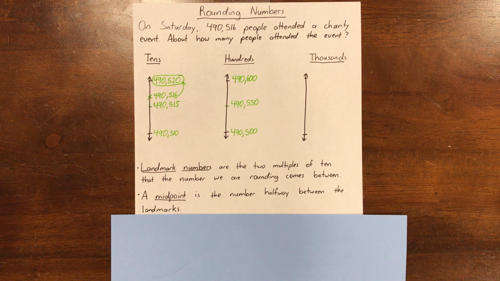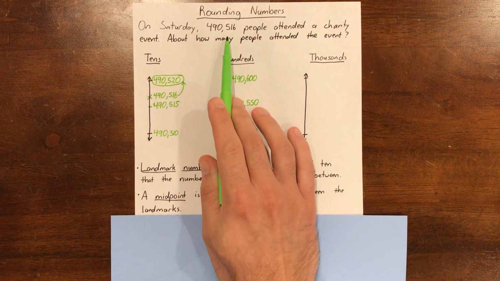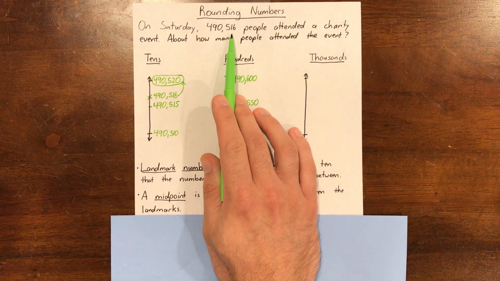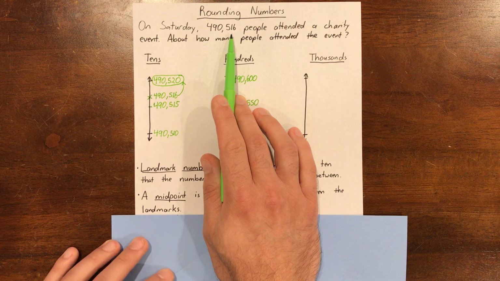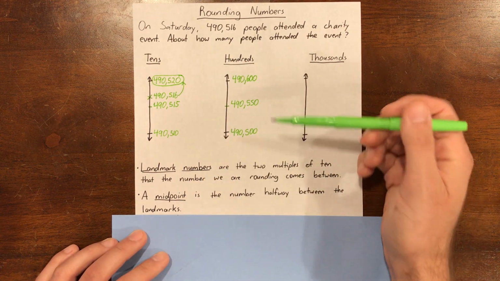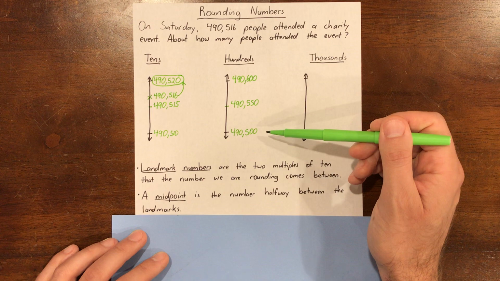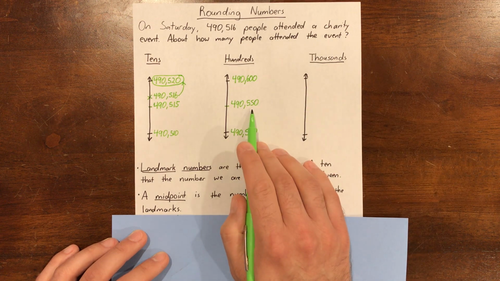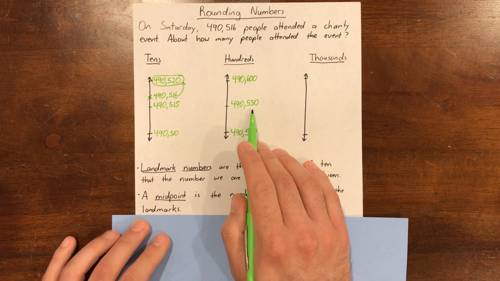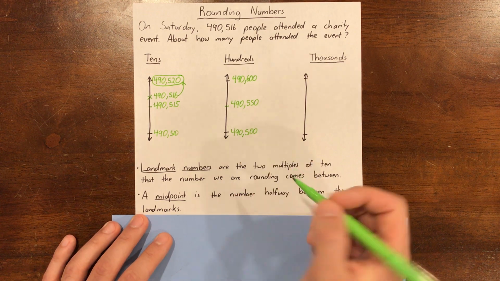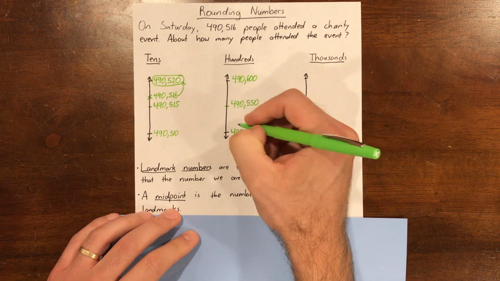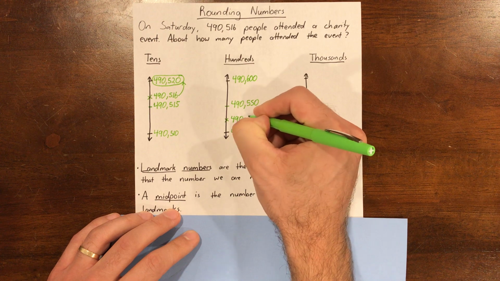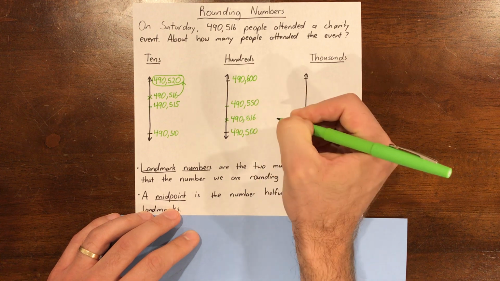Okay, yeah. We could look at the digits in the hundreds and the tens place. And we see we only have one 10 in our original number. So we're going to put that number on the number line closer to the bottom of the number line because 1 ten is less than the 5 tens that we have at our midpoint. I'm going to go ahead and add that to our number line now. 490,516.